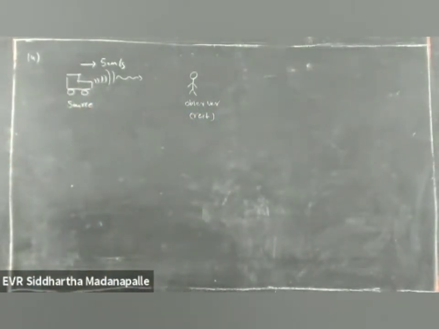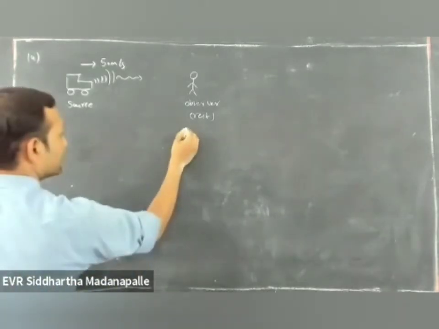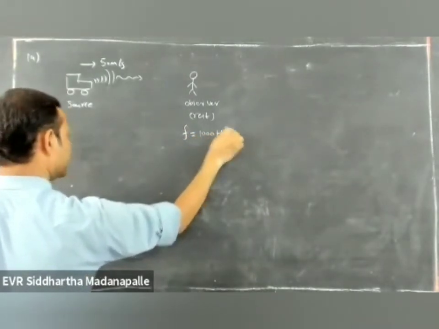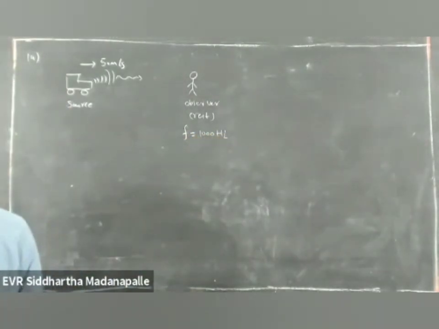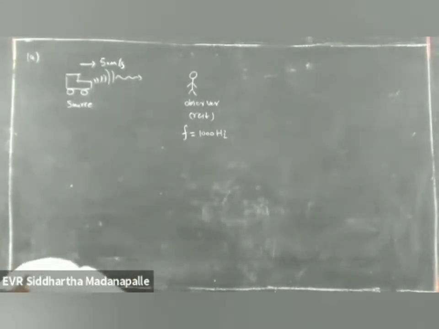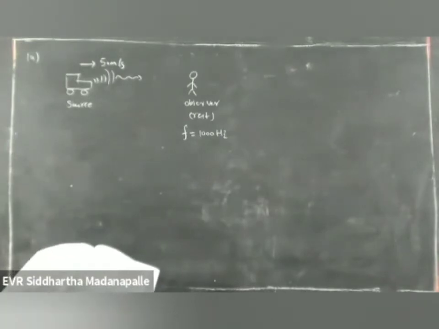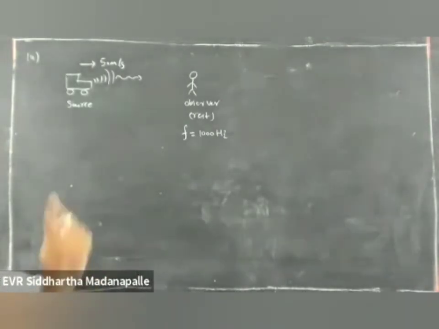The observer measures the frequency of the source as 1000 Hz. What will be the apparent frequency of the source when it is moving away from the observer after crossing him?